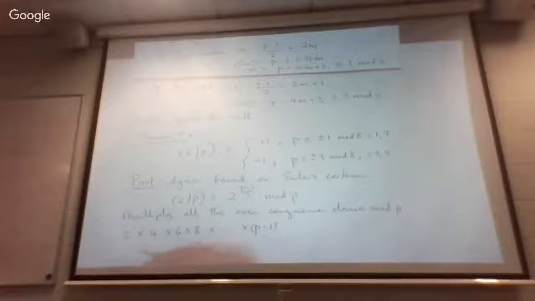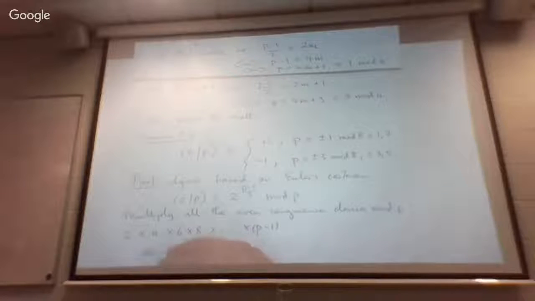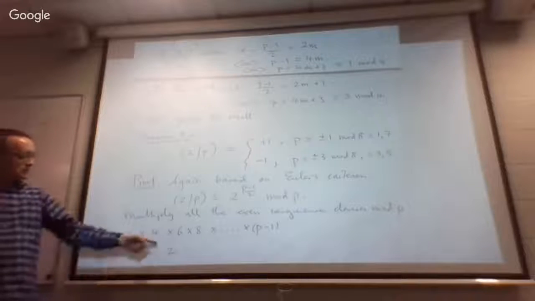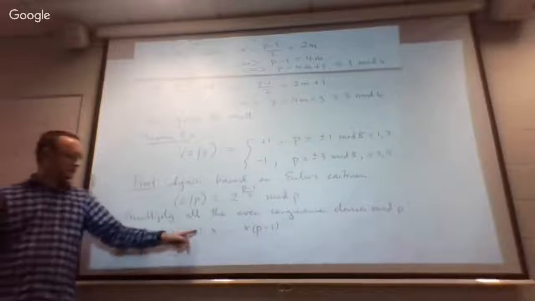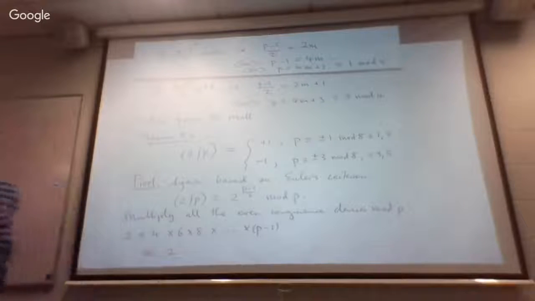Because they're all even, you can take the factor of 2 out of each of them. So I can take a factor of 2 out of 2, leaves behind 1. Take a factor of 2 out of 4, leaves behind 2. Out of 6, leaves behind 3. Out of the next, leaves behind 4.